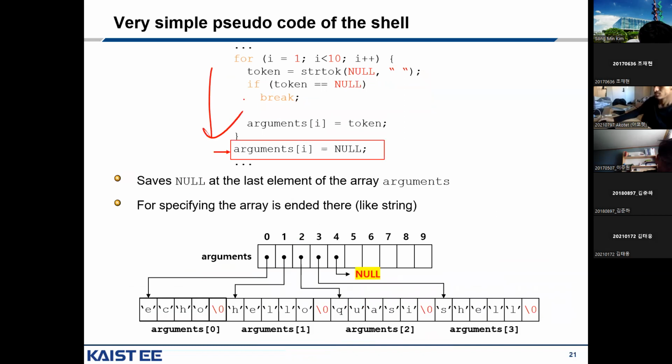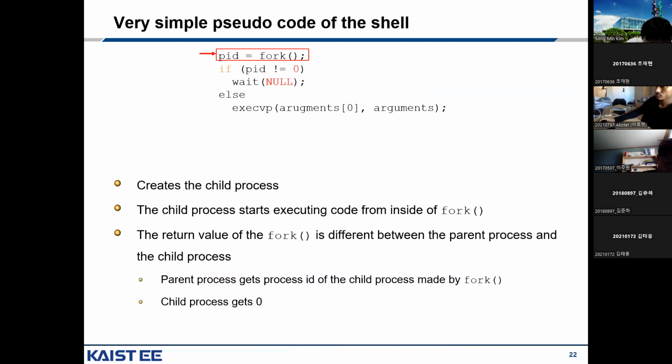After we're all done, we put a null pointer at the end of the argument. With this, up until here, we have successfully interpreted the command, right?